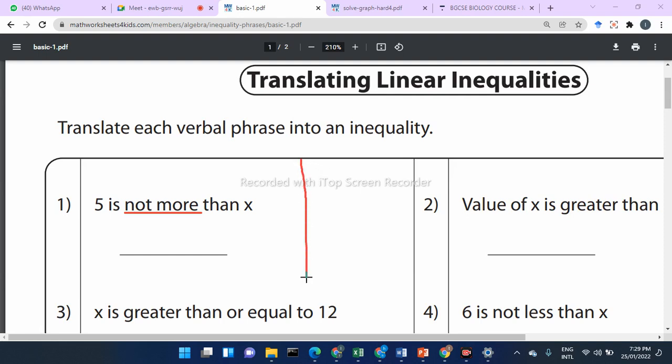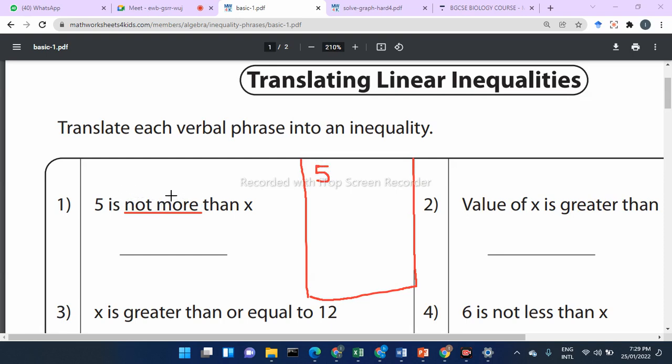Okay, let's do it step by step. Let's start off with 5. 5 is not more than x.